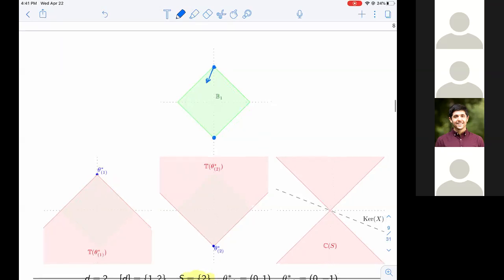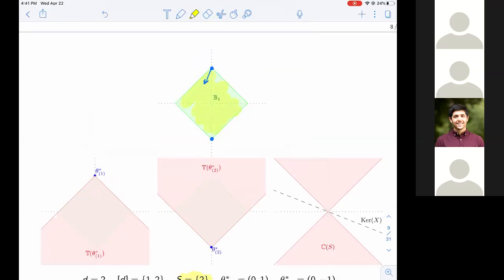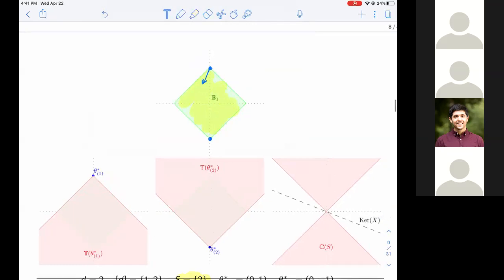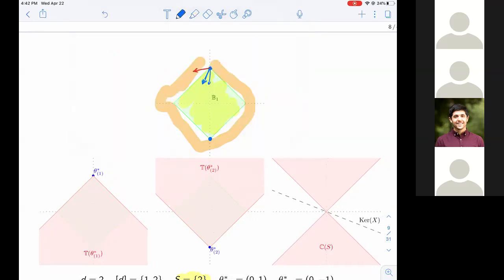Anything in this ball has L1 norm less than 1, right? Anything outside has L1 norm bigger than 1. So I can move in this direction, but not in this direction. If I move in this direction, I'm going to increase the L1 norm.